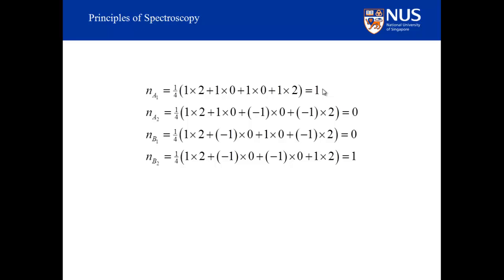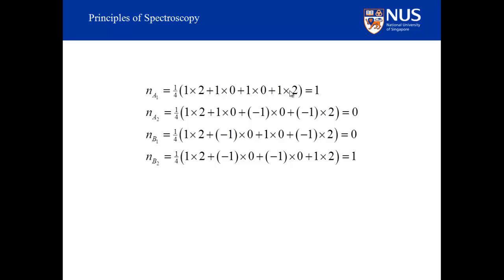It is equal to 1/4, which is the 1 over h factor, times the sum of 1, which is the character of the A1 under the identity, times 2, which is the character of our representation under the identity, plus 1, which is the character of A1 for C2, times 0, which is our character of our representation under C2, plus 1, which is the character of A1 for sigma xz, times 0, which is the character of our representation under sigma xz, plus 1, which is the character of A1 for sigma yz, times 2, which is the character of our representation under sigma yz.